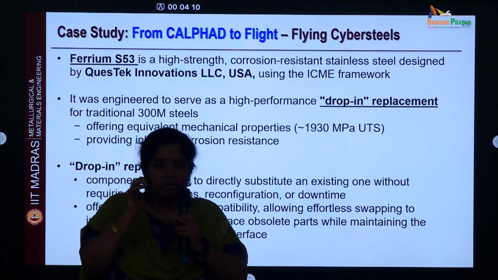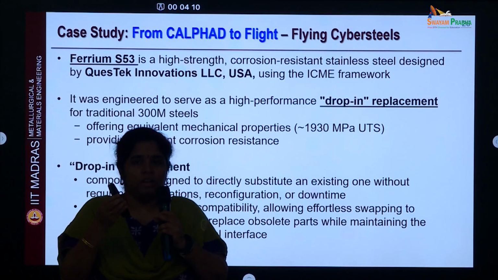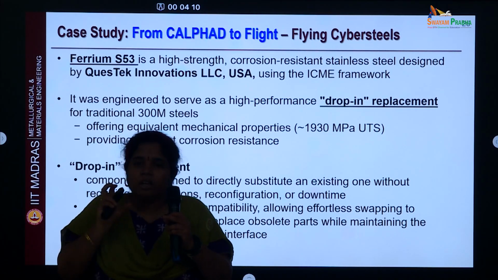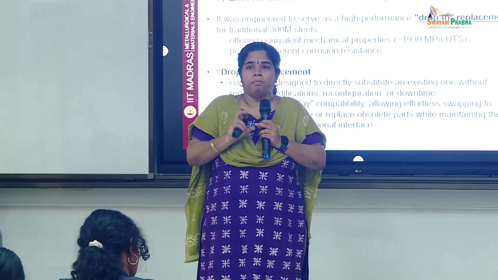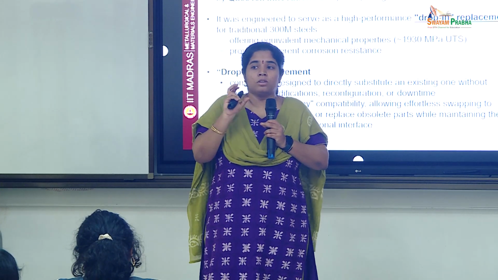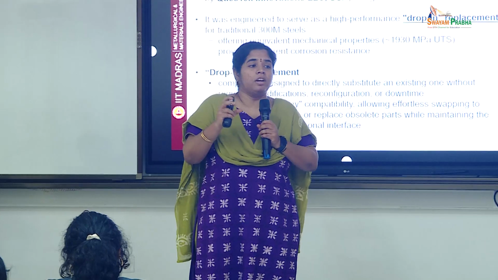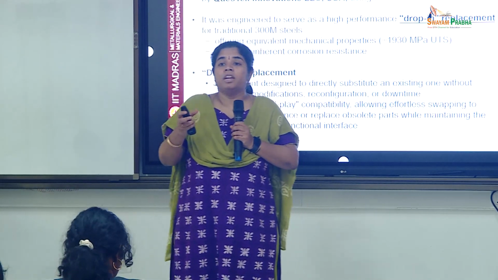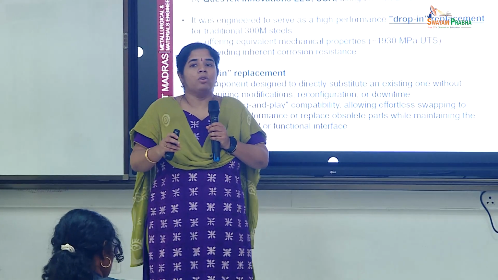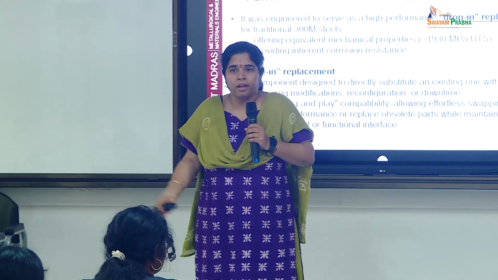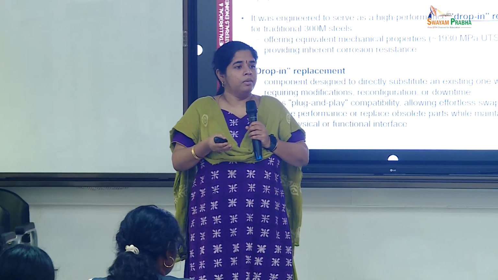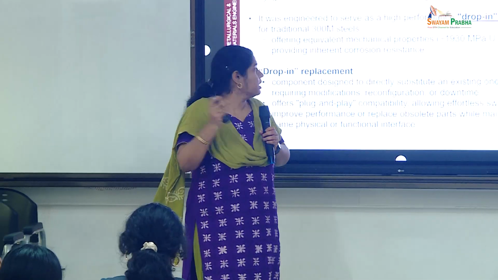You open it, take something out and push something in, plug and play. That is important when we try to design materials. What we need is drop-in replacement. We don't want reassembling, because you will waste time in reassembling.